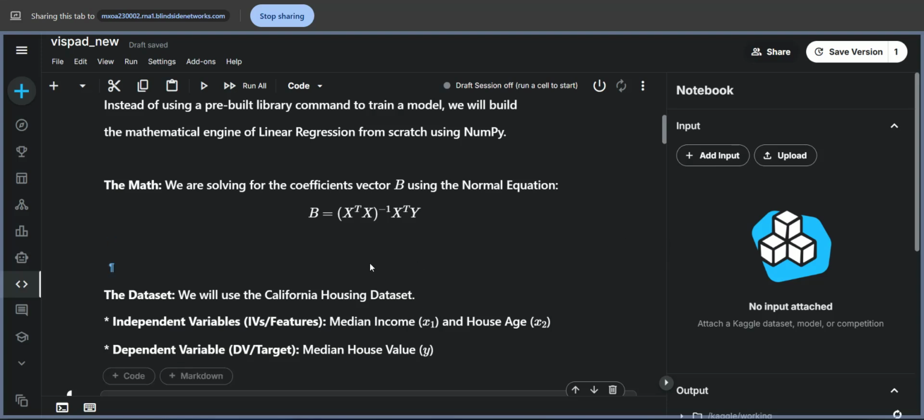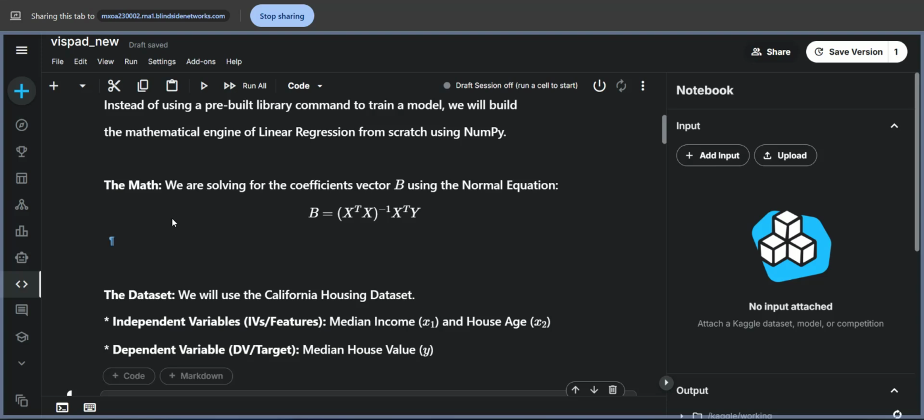Depending on the number of features, the number of coefficients also increases. But take note that we always have this one constant, which is b0, which will always be there. If you have two, three, four features, then the number of coefficients b also increases.